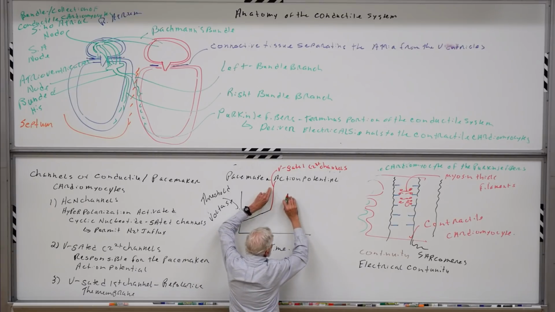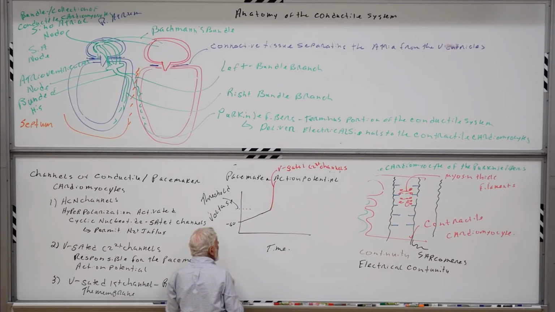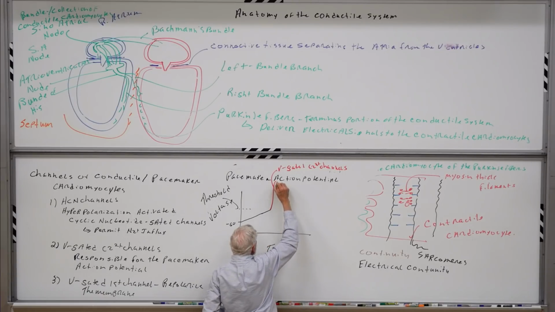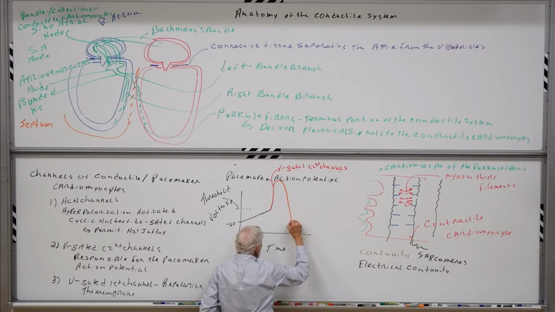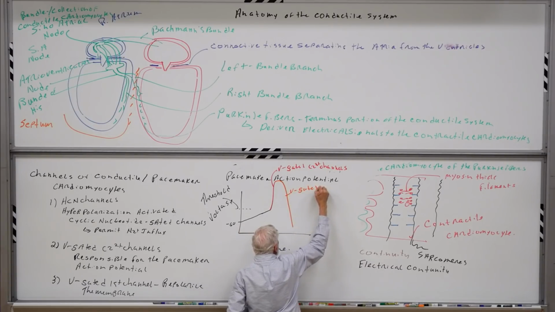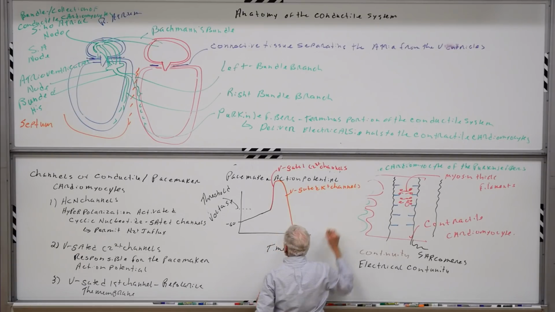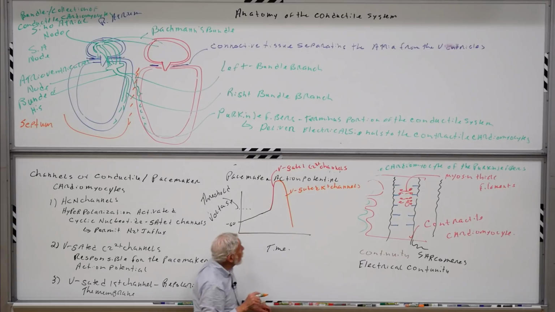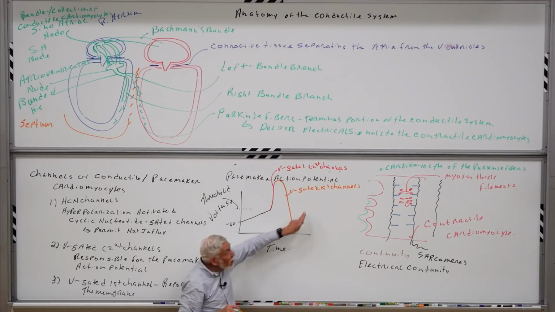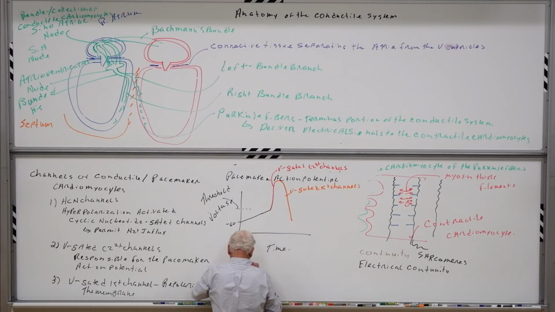These voltage-gated calcium channels open, but then they inactivate, kind of slowly, and then there's the opening of the voltage-gated potassium channels. That, of course, repolarizes the membrane. So now the membrane potential comes back down to about minus 60 millivolts.